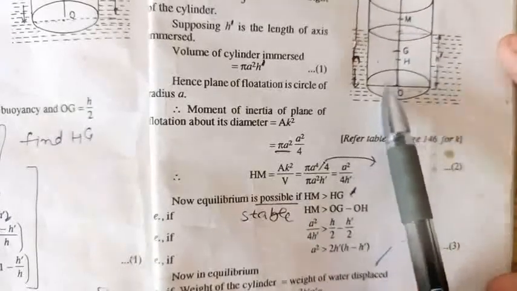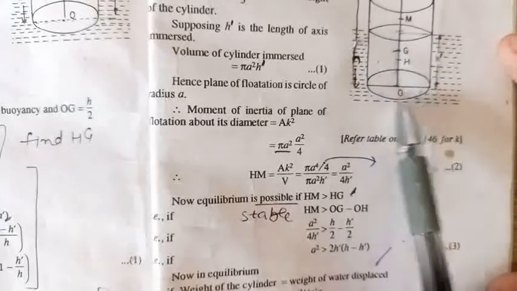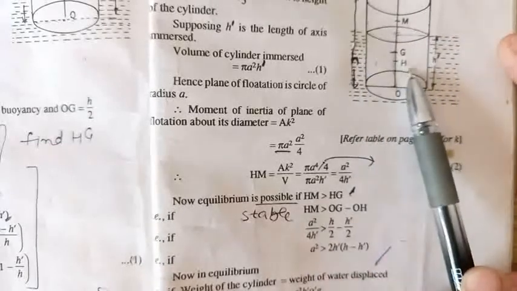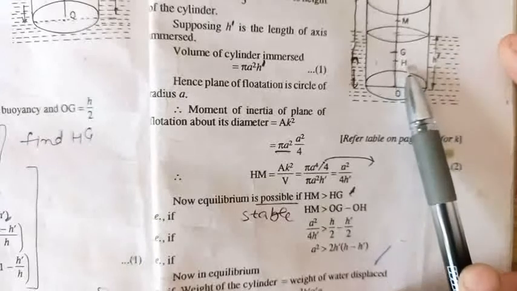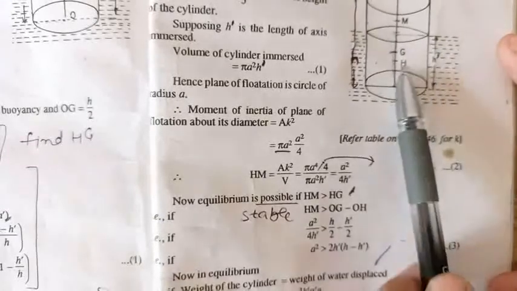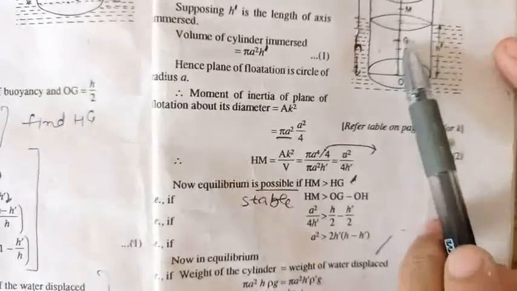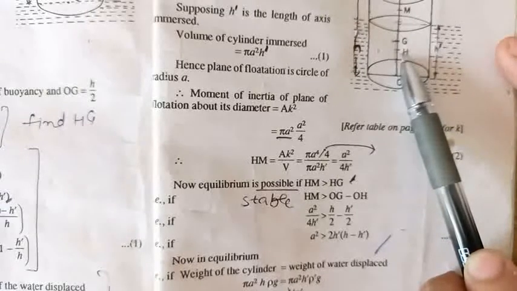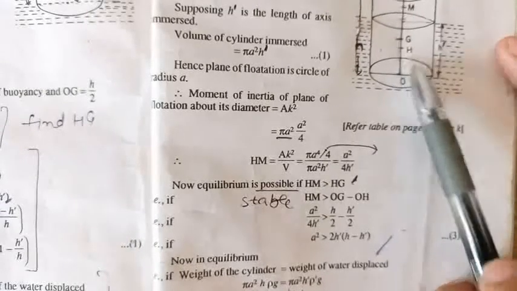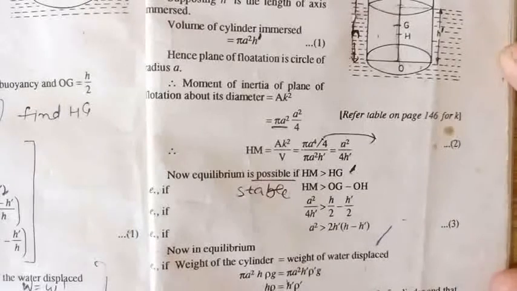And OH, H is the center of buoyancy, meaning center of gravity of the immersed part, so that will be at the total height of this part divided by 2. So OH will be h dash by 2, and therefore HG is given by h by 2 minus h dash by 2.